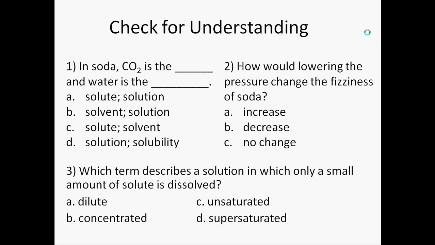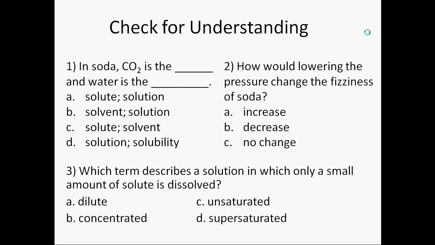Okay. Third question to consider, how would we describe a solution when we only have a little bit of solute dissolved in it? Okay. So take a moment, consider these questions. Feel free to pause, seriously check yourself on this. When you're ready, come back.